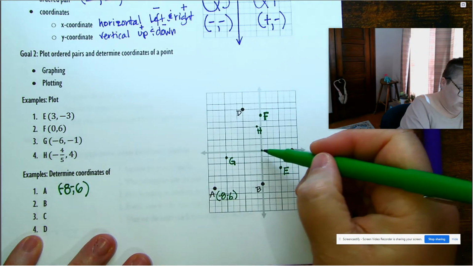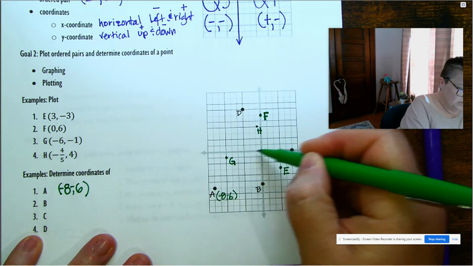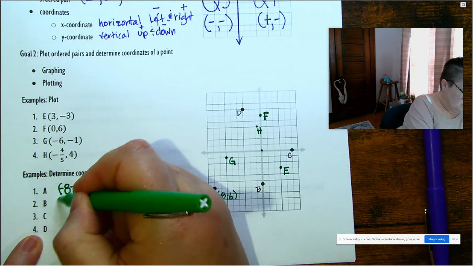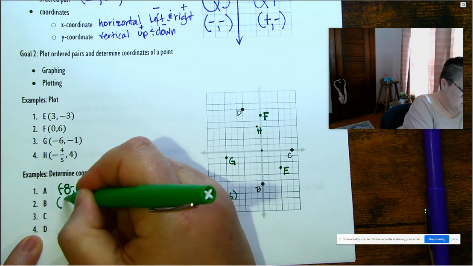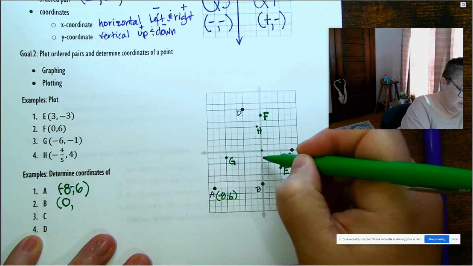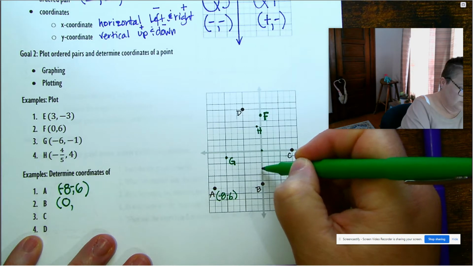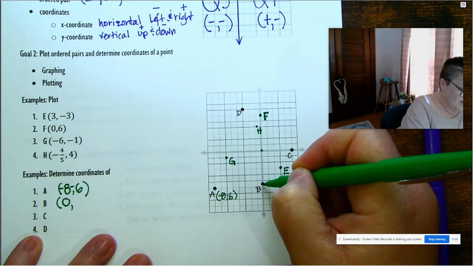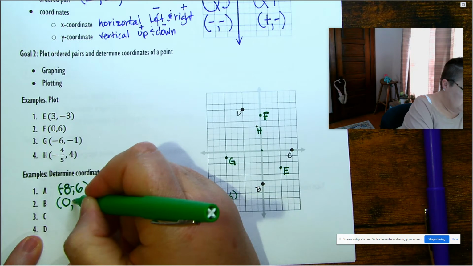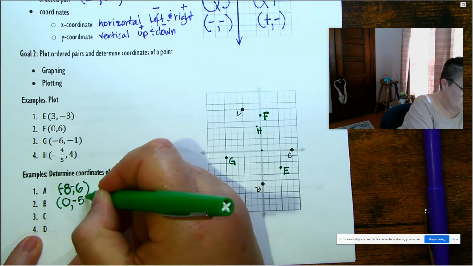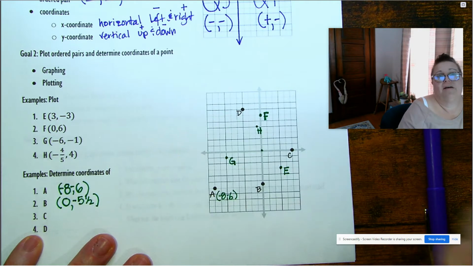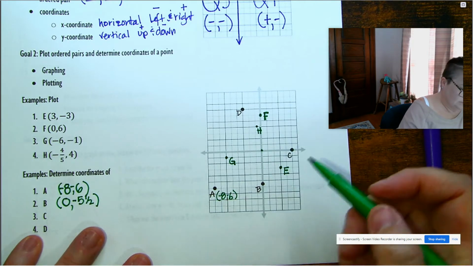The coordinates of point B, notice again, we don't go off of the x-axis, so I'm not moving left or right at all. And then I'm going down 1, 2, 3, 4, 5.5. So a negative for down, 5.5. Or 5.5, either would be fine.